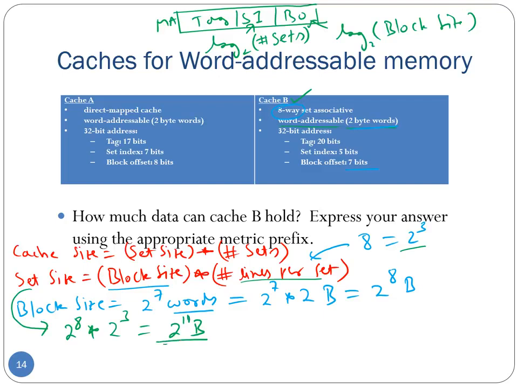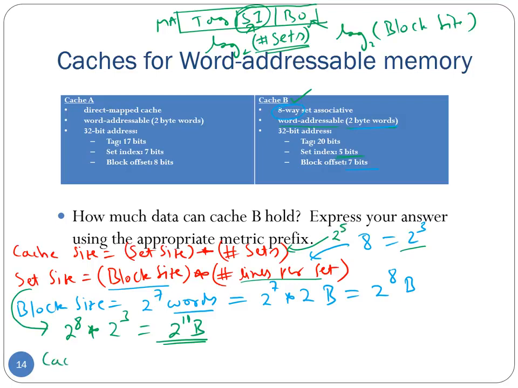Now using this we can derive the cache size, right? So first of all, what is the number of sets in the cache? Recall that number of sets is determined by the set index, right? So set index is log to base 2 of number of sets. It is given that set index is 5 bits. So what that means is number of sets is 2 to the power 5 in this case.